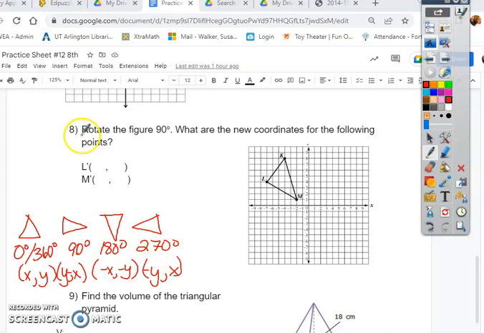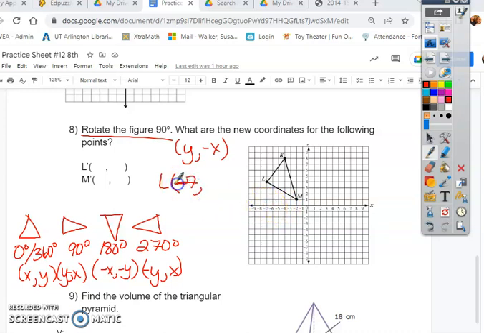So for rotate 90, we use this one, y, negative x. My suggestion, so here's L and M, find the point. 1, 2, 3, 4, 5, 6, 7 negatives.